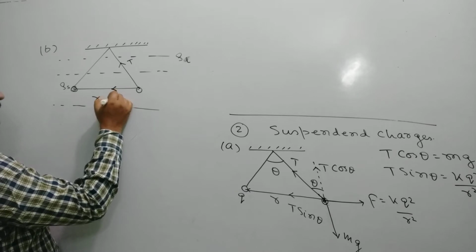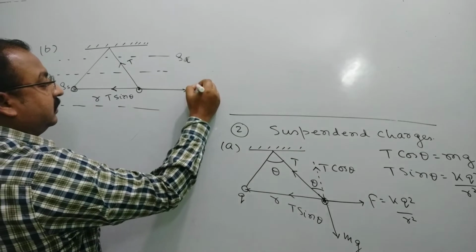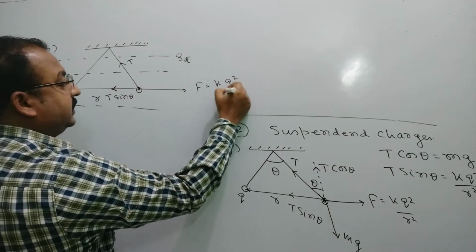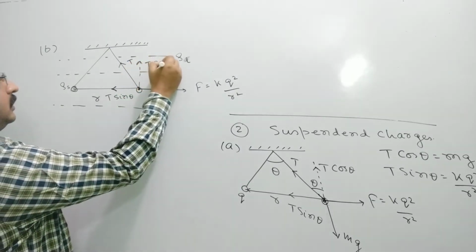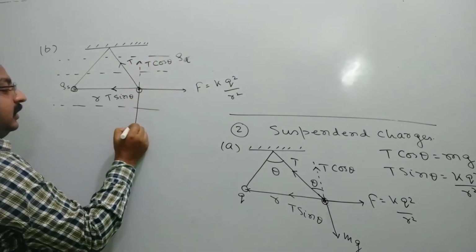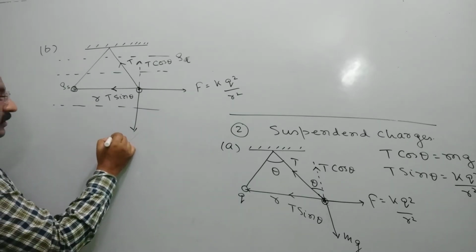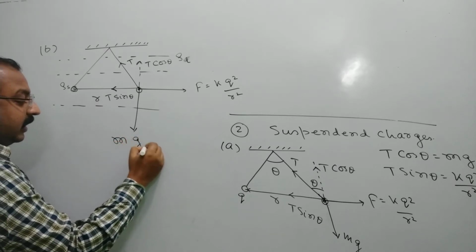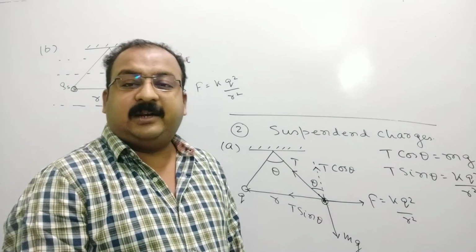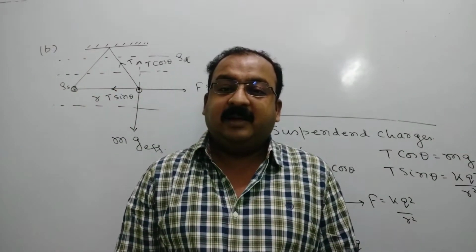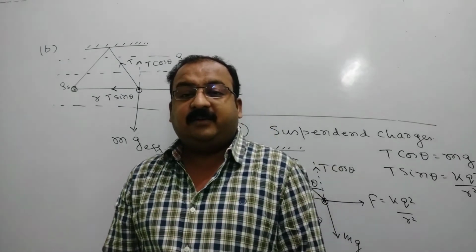This is T sin theta equal to q square by r square, and T cos theta equals, but now the downward force is the effective value of acceleration due to gravity, because here not only gravity is working but the body is inside the liquid. So we have to consider the effective value of gravity.